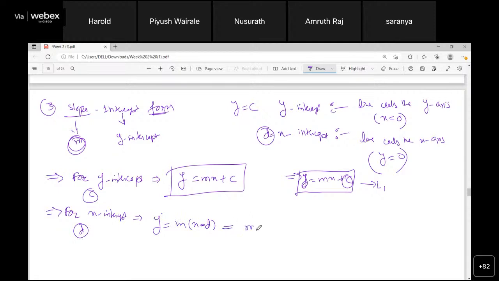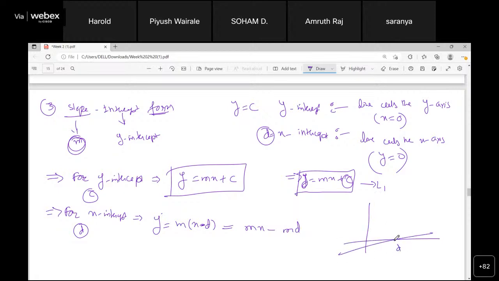But if I simplify like this, mx minus md, right? If we apply the same point formula, we'll get the y-intercept here. So what is d? d is the x-intercept. This is my d here.